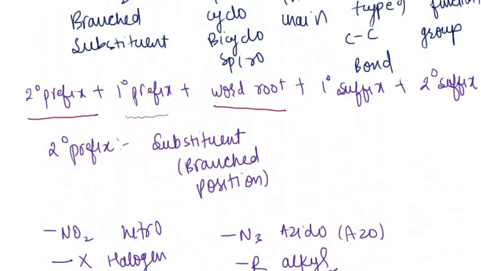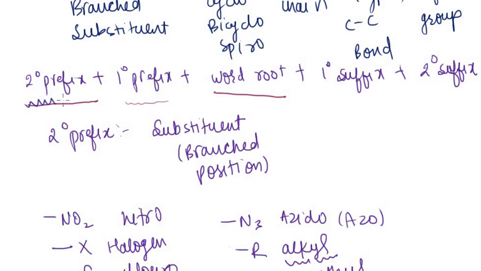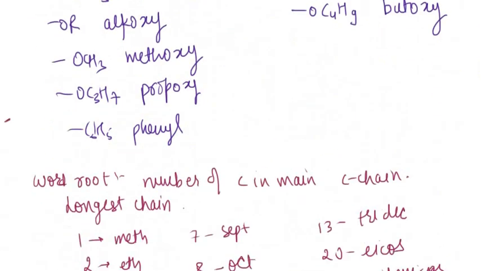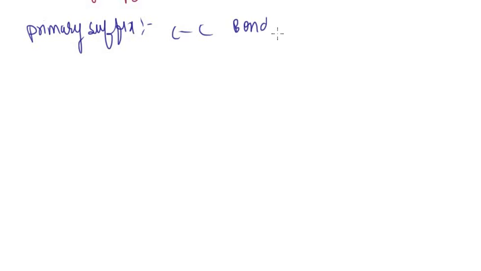Now if we talk about the primary suffix, if we look at the diagram that we have drawn, we have seen the 2 degree prefix and the word root, the number of carbon in the main chain. Now we are going to see the primary suffix or 1 degree suffix. It shows the nature of the bond present in the main carbon chain. So the primary suffix is the C-C bond in the main carbon chain.